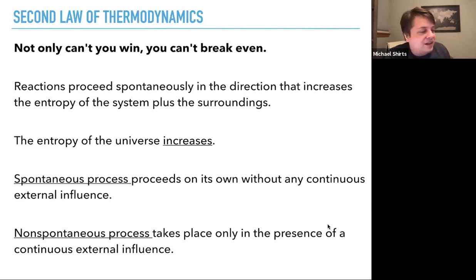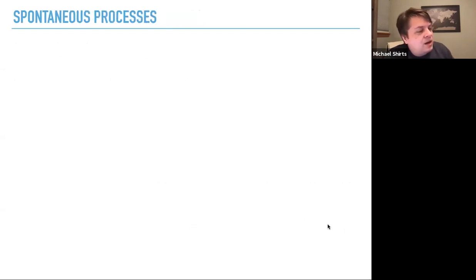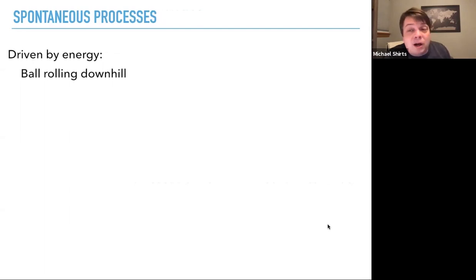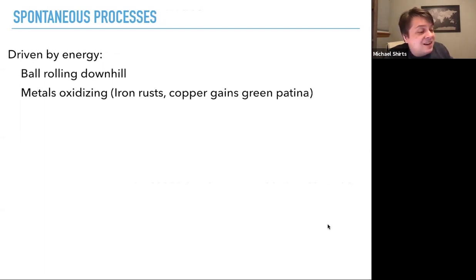All processes incur a total increase in entropy of the system plus the surroundings. Sometimes the system might decrease in entropy, but it will be accompanied by an increase in the entropy of the surroundings. So some spontaneous processes are driven by the energy: a ball rolling downhill, losing potential energy; metals oxidizing, iron rusting or copper gaining a green patina, because the copper and iron oxygen bonds are stronger than the bonds inside the metal.